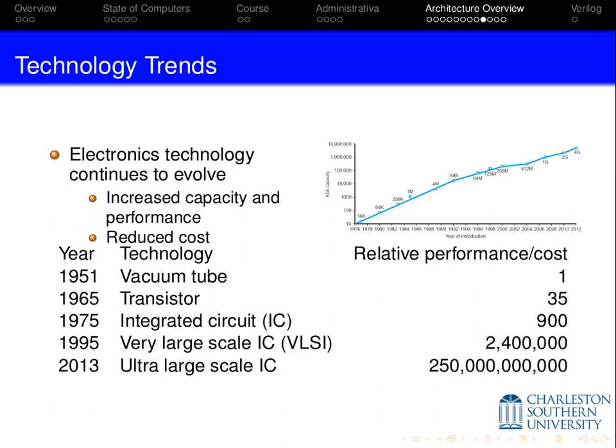You could buy 35 of them for the cost of a vacuum tube, and then someone came up with an integrated circuit where you could etch the transistors on a piece of silicon, and that was 900 to 1, which is way better. From then on, we've just come up with better and better ways to etch onto silicon, to the point where it's absurdly cheap compared to the cost of a vacuum tube.